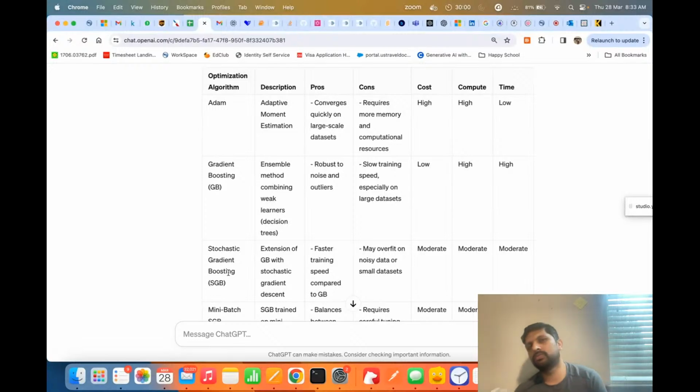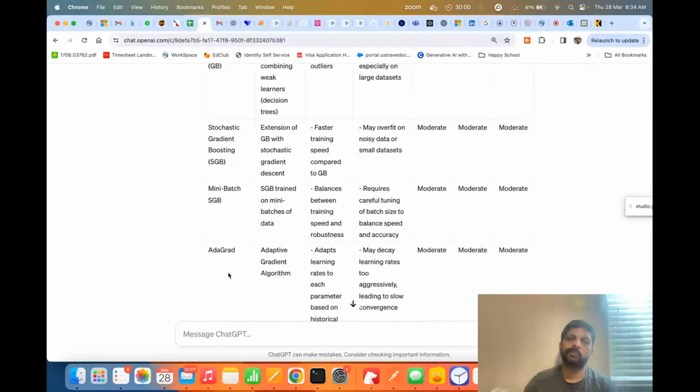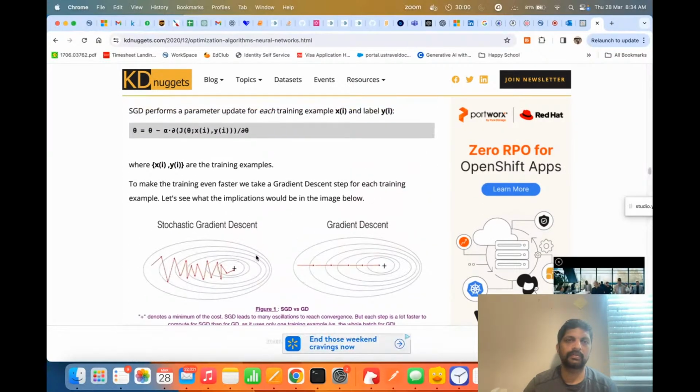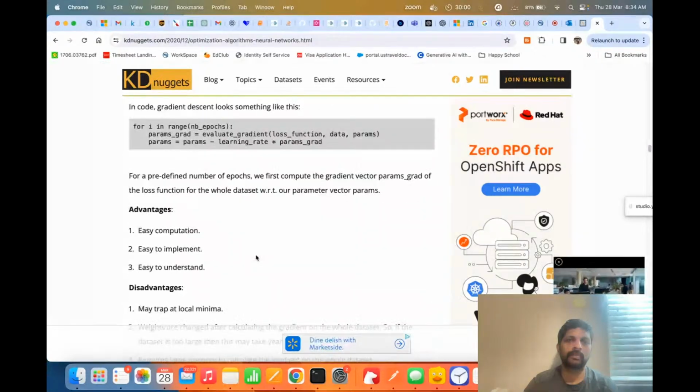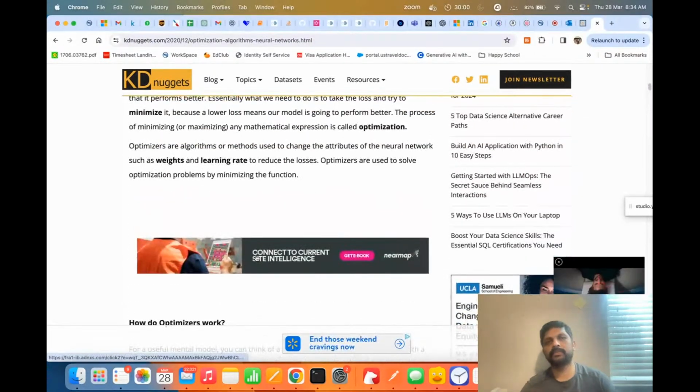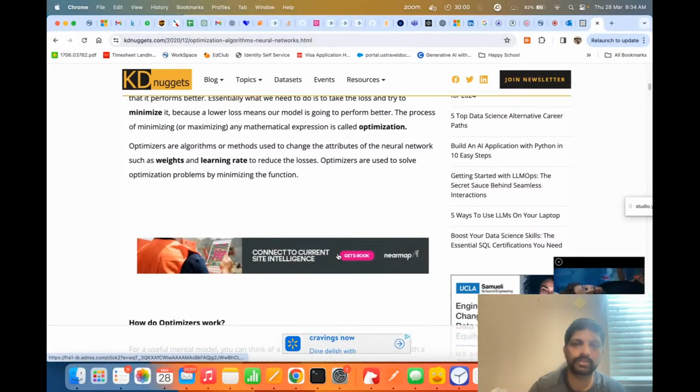If you want to save cost, then go with gradient descent. Oh, he is giving gradient boosting. But anyways, doesn't matter. Is it SGB or SGD? SGD only. Very clear. I think because of my input, it got confused.